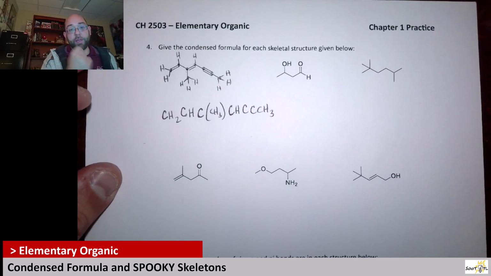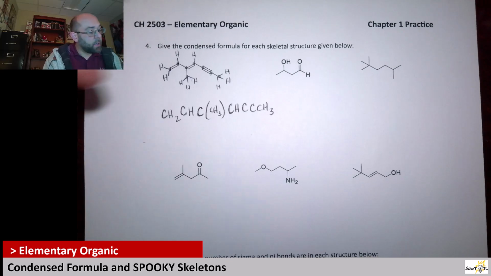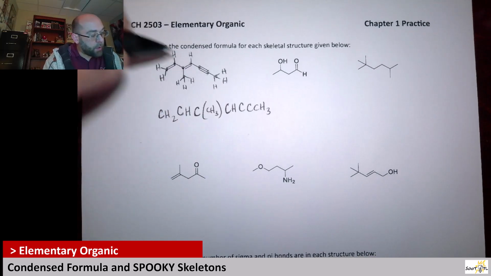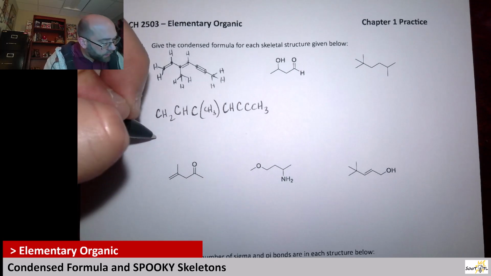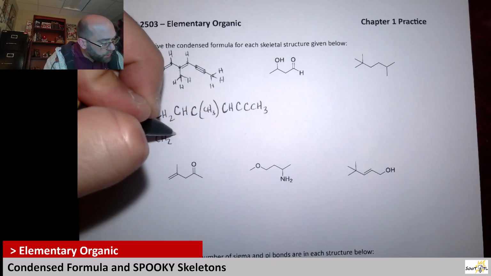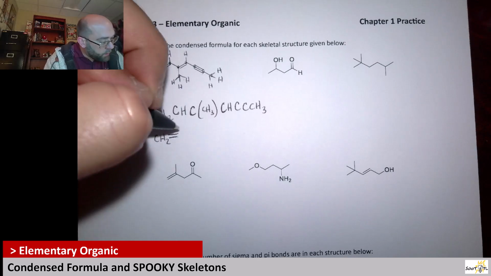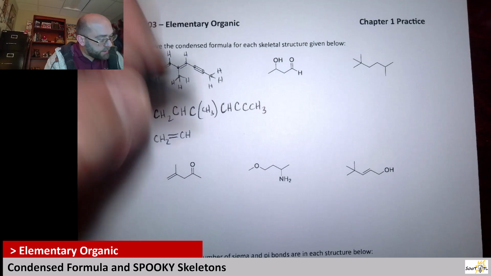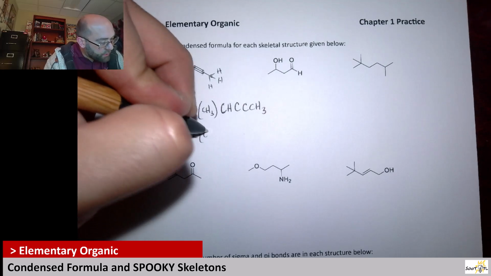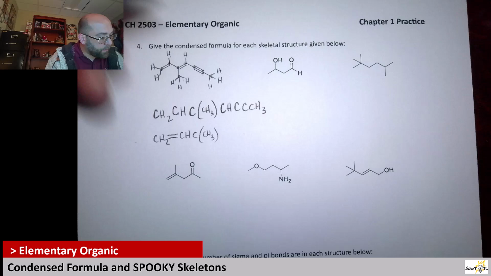But sometimes when you're given a condensed formula, when there's a double and triple bond, they'll actually show those in the condensed structure as well. So you could have written CH2, shown the double bond, CH, right? Then still did the C and then a CH3 in parentheses.